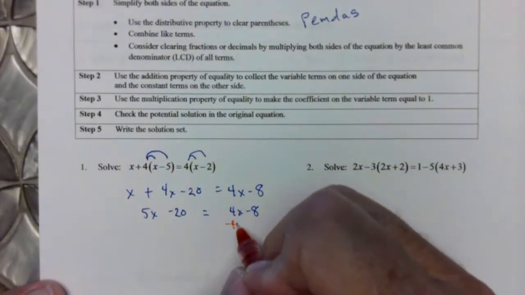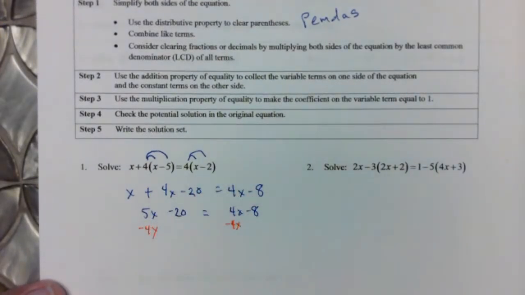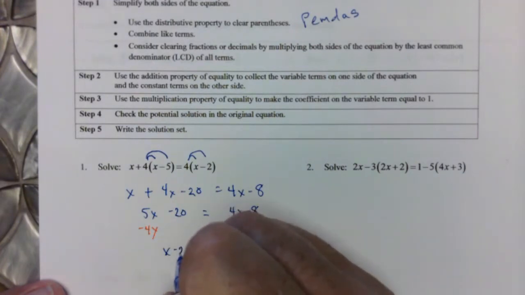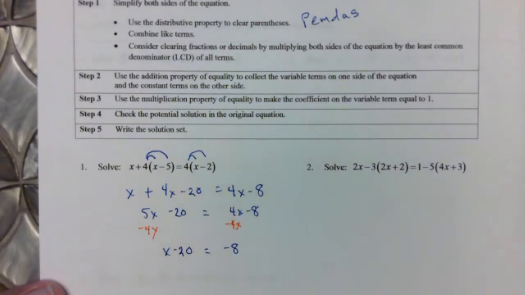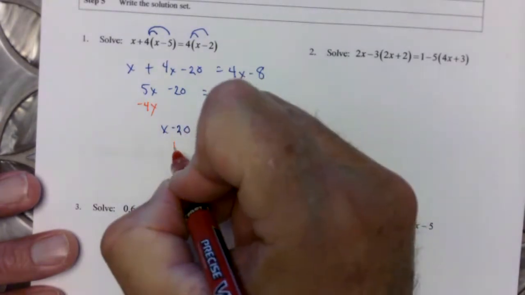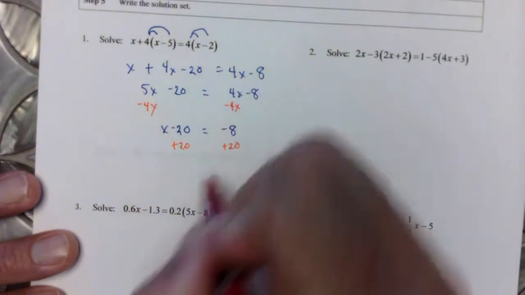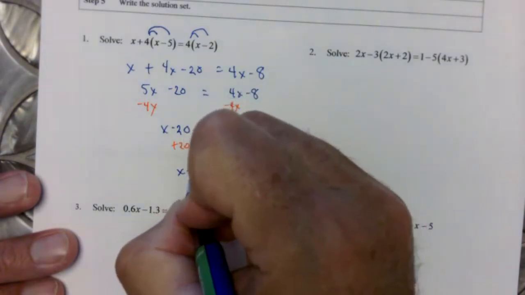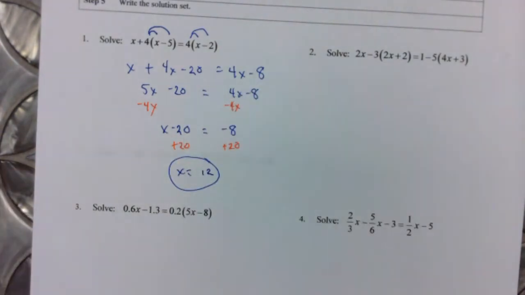So now I'm going to subtract 4x, x minus 20 equals negative 8. Add 20. I got x equals 12. Anybody else? Daniel, yeah? You got that as well? Yep, x is 12. All right.